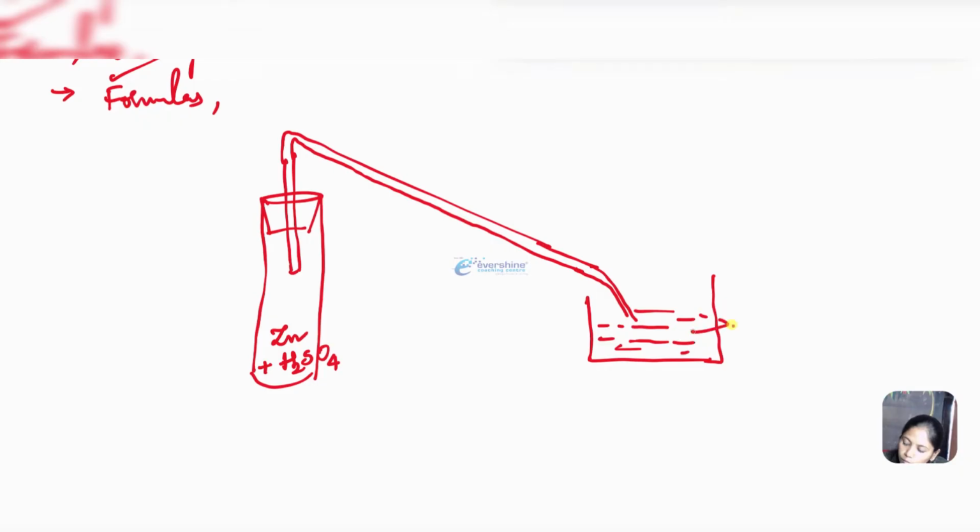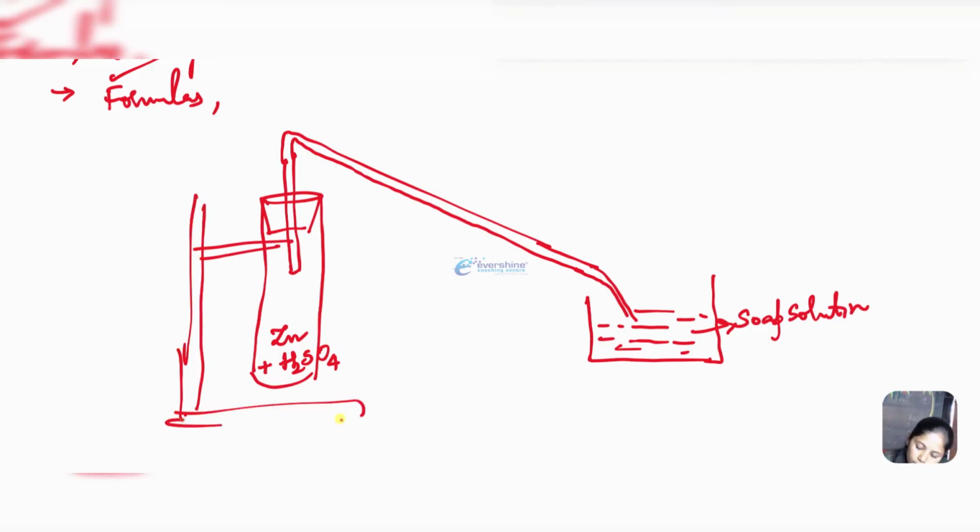So this is the soap solution, and this is a test tube, and fix this test tube to a stand. Zinc and dilute H2SO4 react to produce hydrogen gas. So this hydrogen gas should be passed through the soap solution.